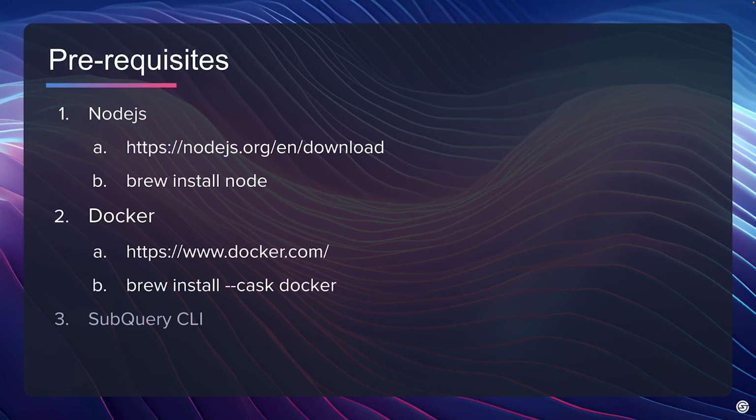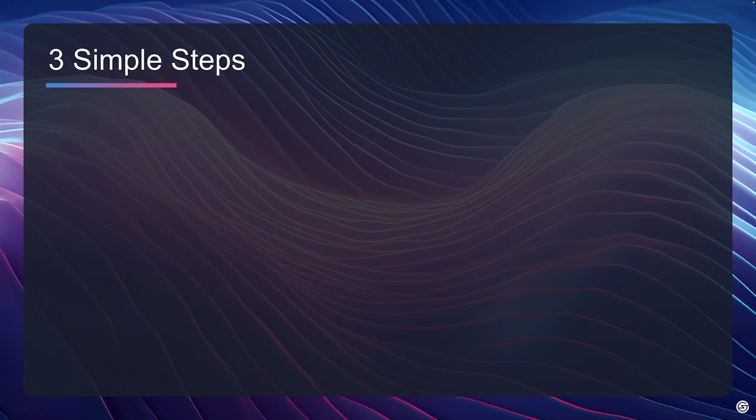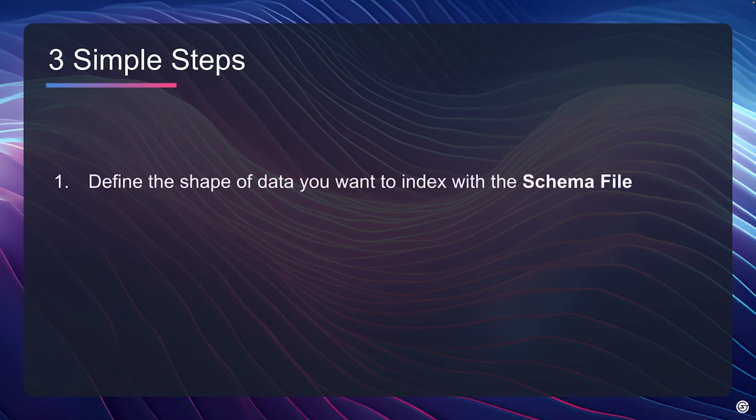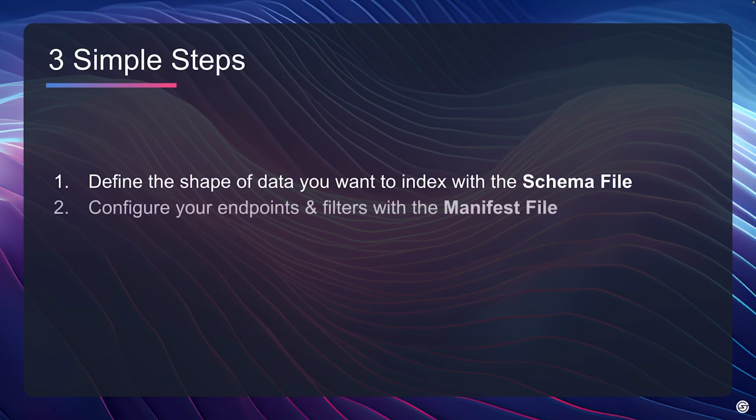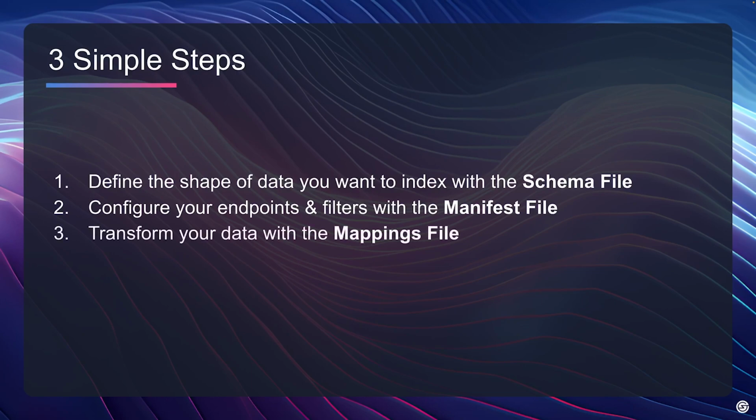And then finally, you'll need the SubQuery CLI, which can be installed via npm install -g for global @subql/cli. Once this is done, there are essentially only 3 steps required. The first one is to define the shape of the data that you want to index, and this is done with the schema file. You can then configure your endpoints and filters within the manifest file. And then you can transform your data with the mappings file.